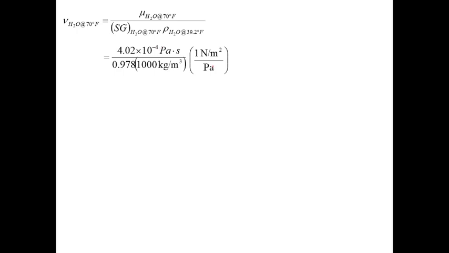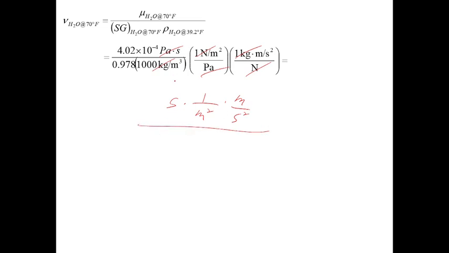For 1 Pascal, 1 Newton per square meter, cancel. Then, 1 Newton is 1 kilogram meter per second squared. So, kilogram, cancel. So, anong matitira? Second, merong 1 over square meter. Meter per second squared over 1 over cubic meter. Okay. So, ano magiging final unit niyan? Second squared, so second na lang.